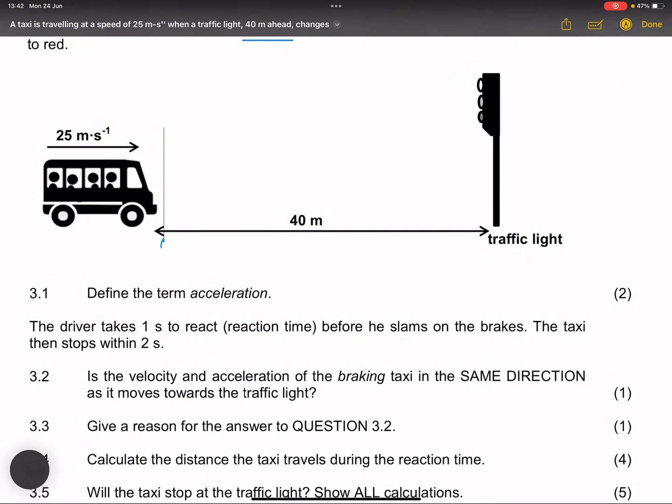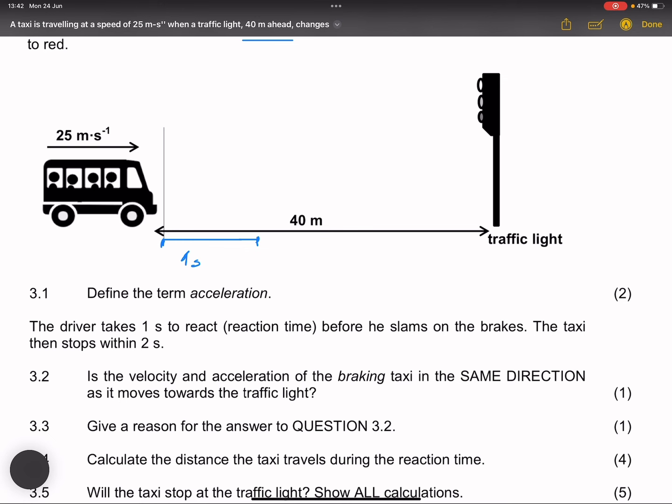here's our taxi traveling. So which means at this point, our initial velocity was 25 meters per second. But the driver delays to react. But remember, during that time that he fails to react, that 1 second, the taxi is still moving, right?